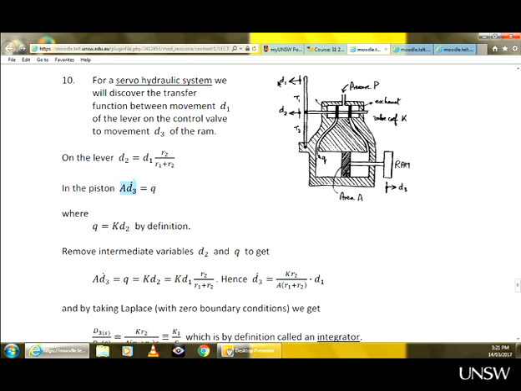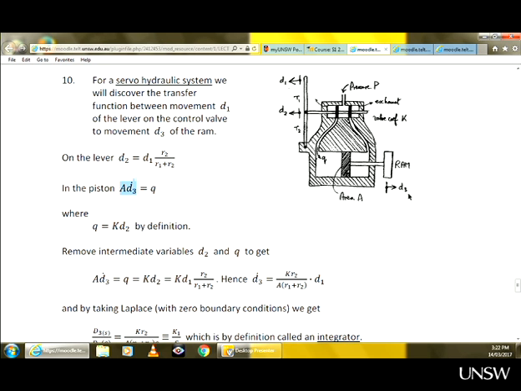Now, we want to relate D1 to D3. D1 being the input, D3 is the displacement. Right. So, 3 equations, 4 variables: D1, D2, D3, and Q. Keep D1 and D3.